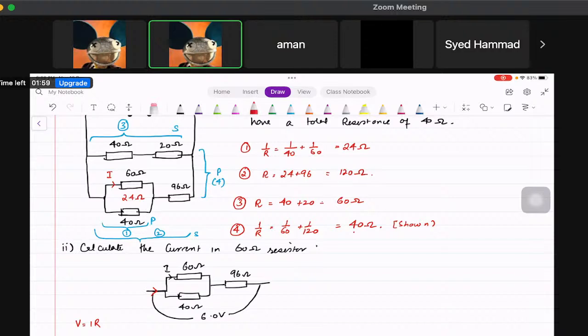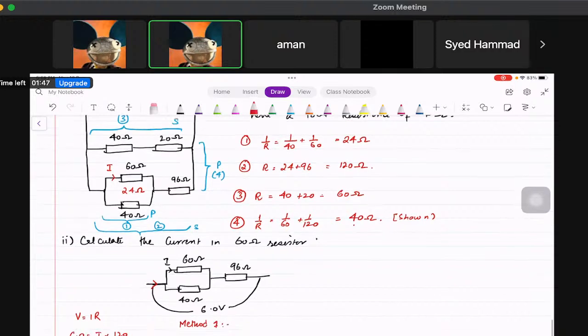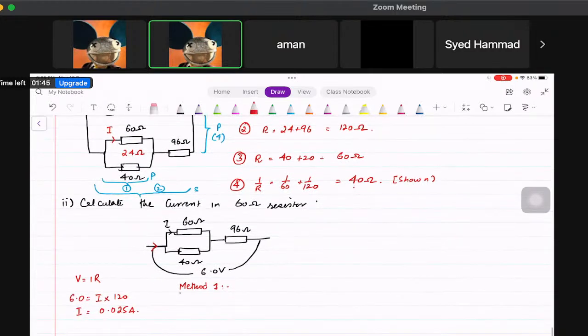Now let's look at method 1 to find this. V equals IR, the current is 0.025, the resistance is 24, which is the resistance of this whole circuit.